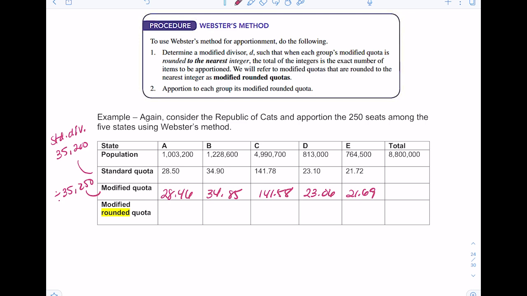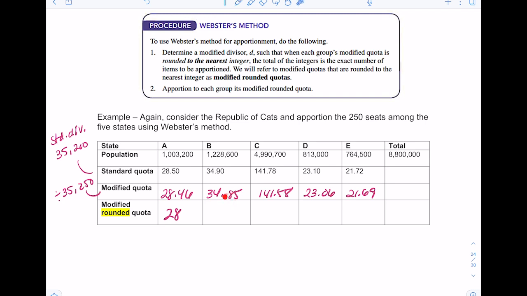So here it tells us to apportion each group its modified rounded quota. So what we're going to do is round using this number here. So 4 is less than 5, right? If it's 5 or more, you round up. If it's 4 or less, you leave it alone. So here that's going to be just 28.